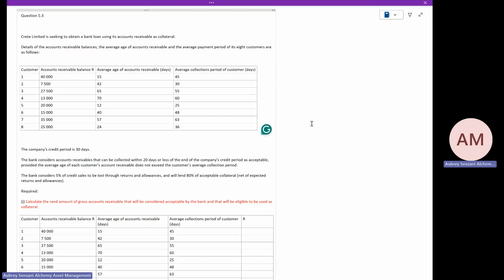Then it goes on to say, calculate the rand amount of net accounts receivable that will be considered acceptable by the bank and that will be eligible to be used as collateral. Okay. Then finally, calculate the level of funds that will be made available by the bank. In other words, how much funding will be made available by the bank. Sure. Let's see what's actually going on in the question, what information they have provided to us.